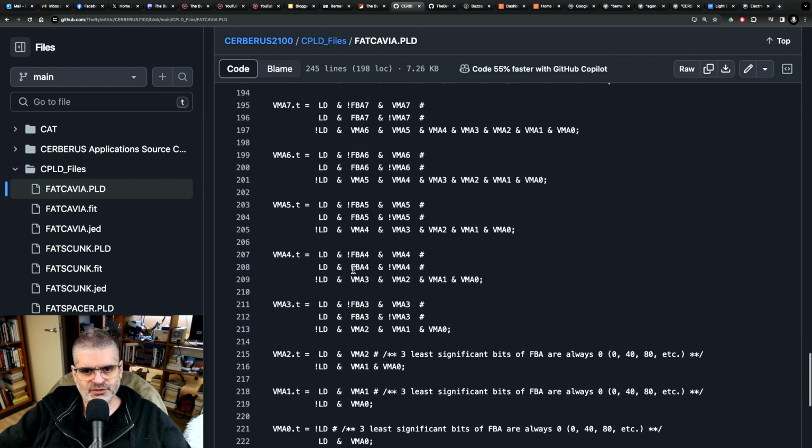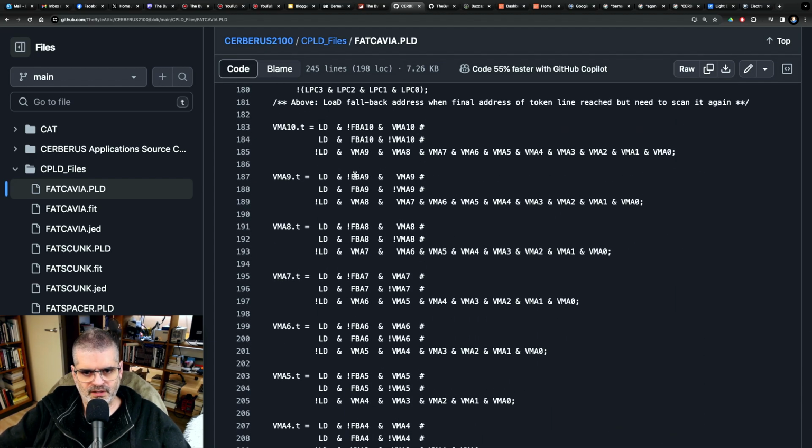Now, there is a term here that you've seen before, fallback address. So sometimes you just use the video memory address line, but sometimes you use the fallback address. In other words, that's when instead of counting through, you want to go back to the beginning of the token line. So who knows what the beginning of the token line is?